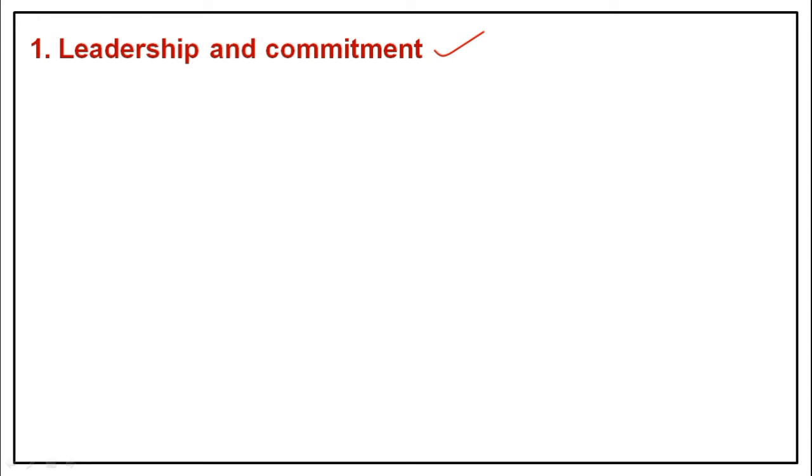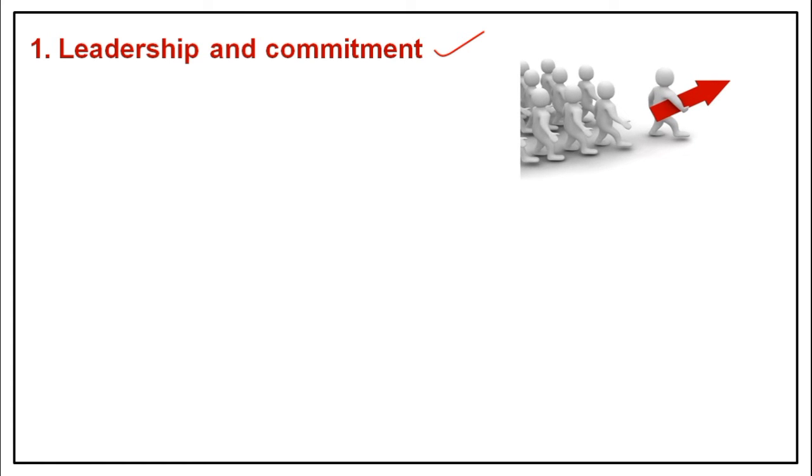First one is leadership and commitment. Friends, these HSE elements address the top-down leadership and commitment to create the company culture necessary for success in the systematic management of HSE. Friends, in this element, leadership visibility and proactive targets are main consideration.